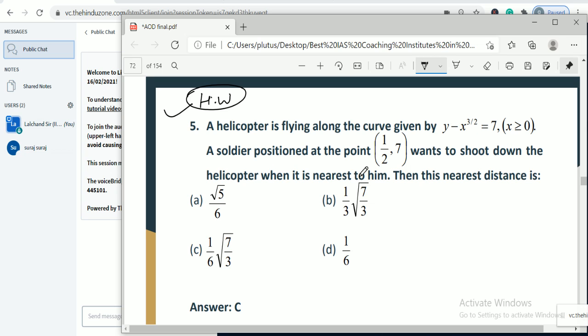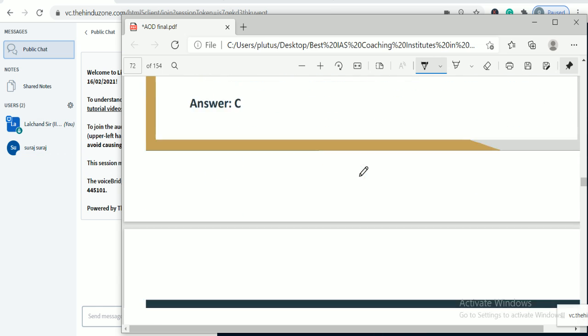Take a screenshot or note down this question. You need to solve this at home. If you have any trouble, you can ask in the doubt class. Everyone noted? Okay, fine.